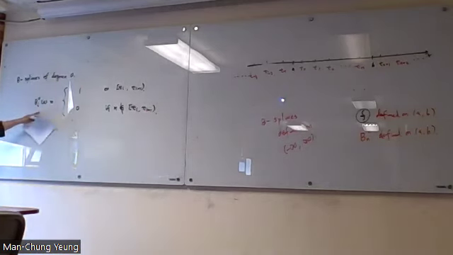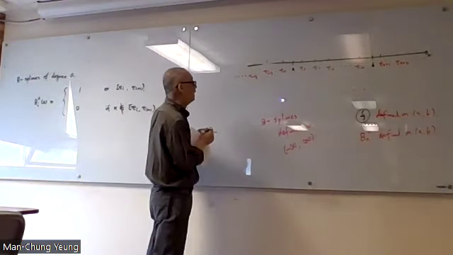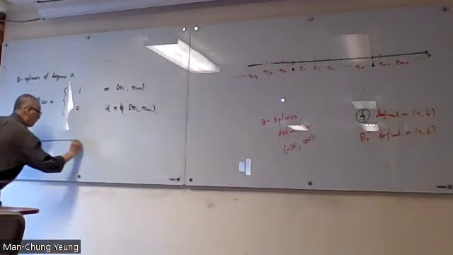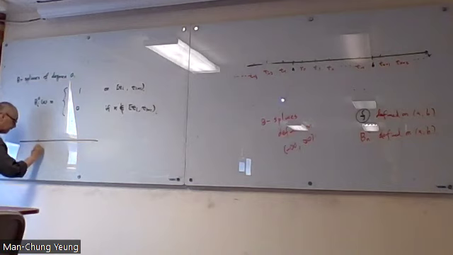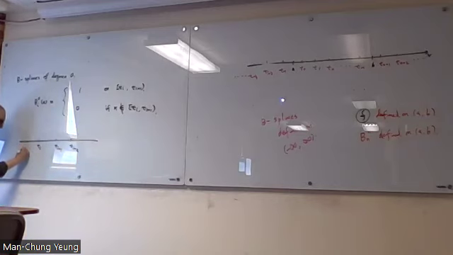The graph of this function is simple. This is t i plus 1, this is t i plus 2, t i minus 1.